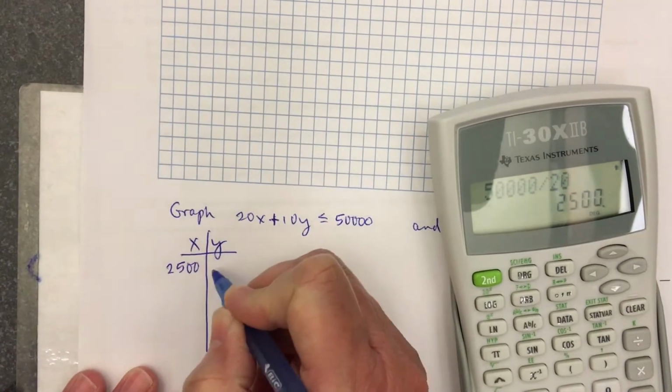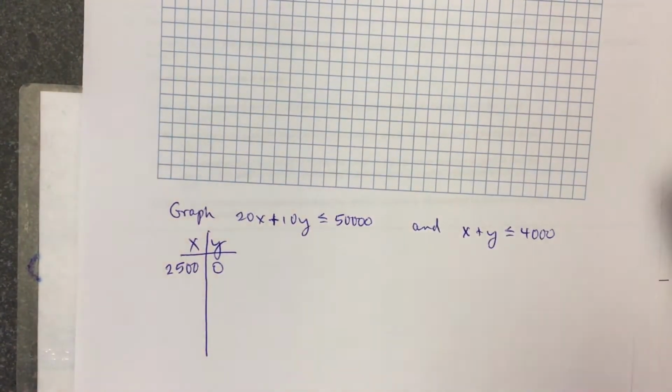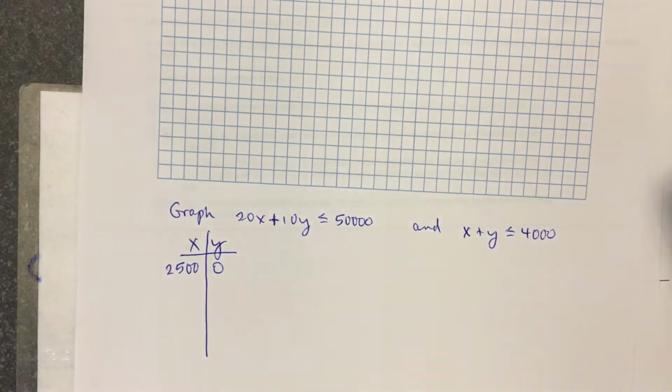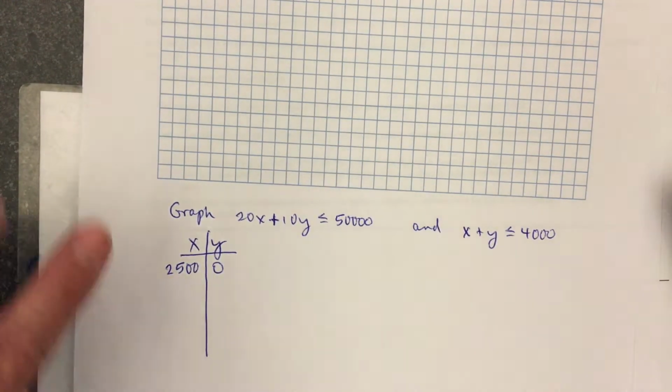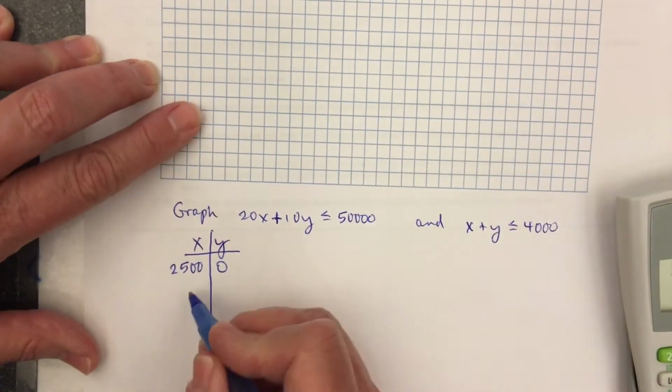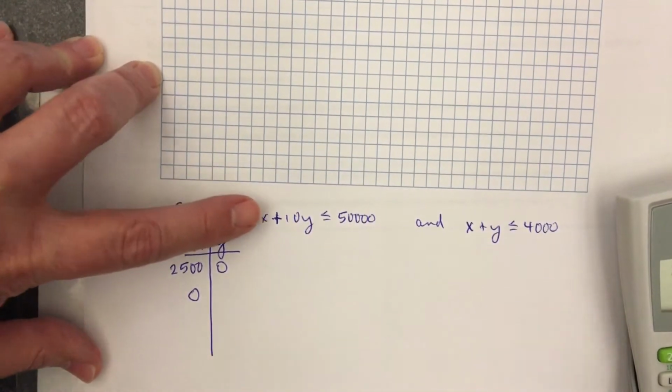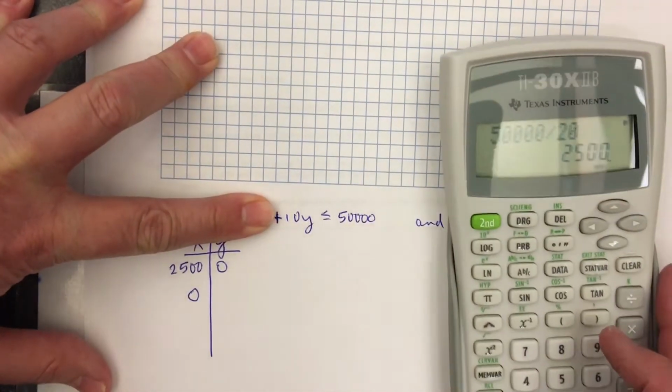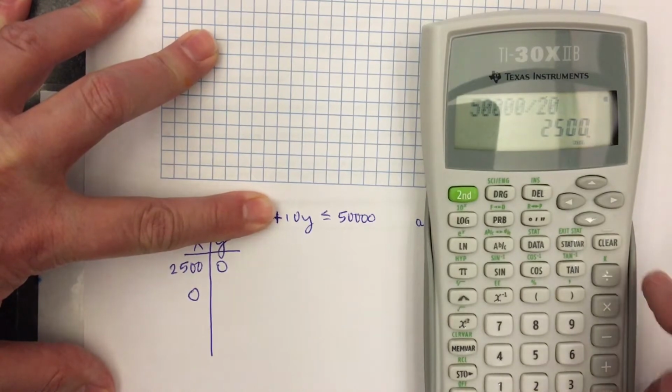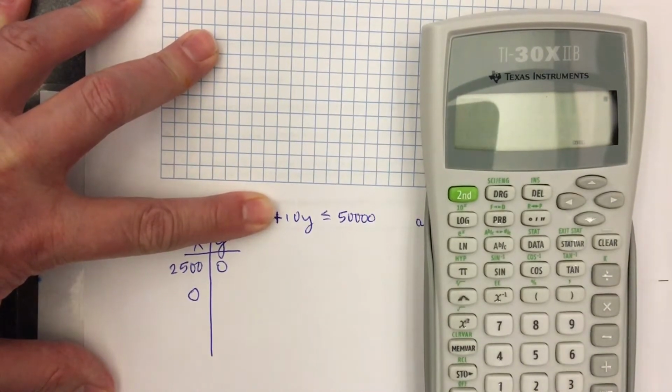So for one constraint, x-intercept, 2,500, 0. Let's find the y-intercept for that same one. This time I'm going to plug in x equals 0. I'll just cover that up. Divide 50,000 by 10.